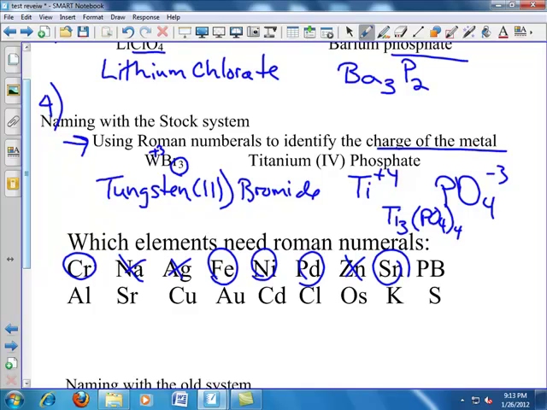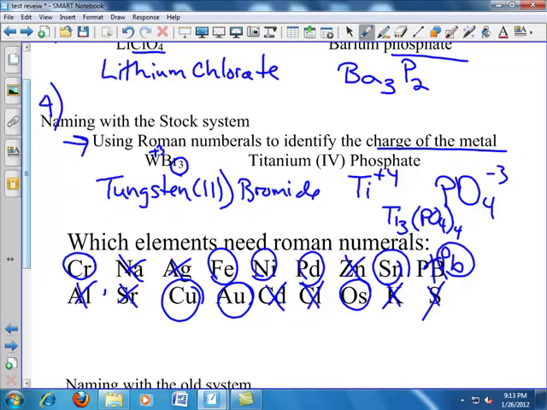Tin does, this should be Pb, that's lead, but lead does. Aluminum does not, strontium does not, copper does, gold does, cadmium no, chloride no, osmium yes, potassium no, sulfur no.